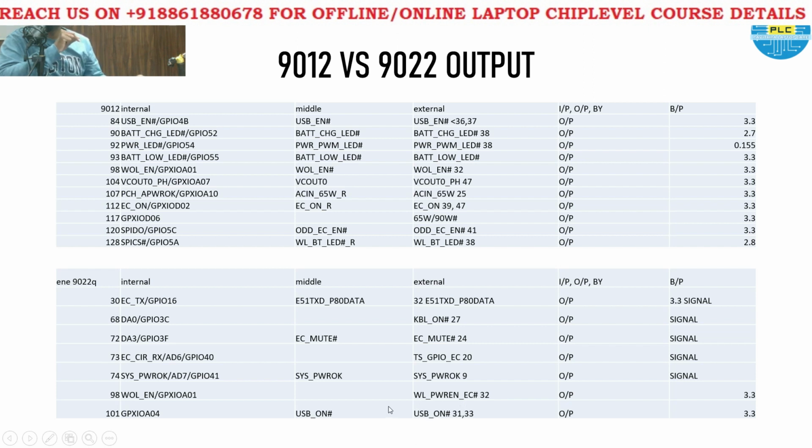One thing you come to know: here EC on is not there. It means that in this particular motherboard, before pressing the power button, you won't always get 3 volts and 5 volts. That is the indication. In 9012 you get EC on before pressing the button, but in 9022 you won't get EC on. That's it.